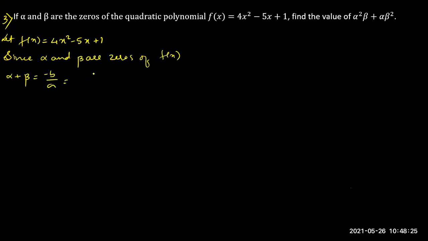So minus of minus 5 by 4, 5 by 4. So what I got here, see, 5 by 4 in the denominator. Now alpha into beta is c by a. c is 1, so 1 by 4.